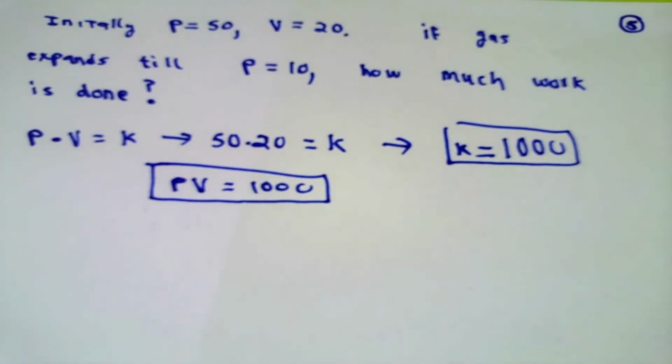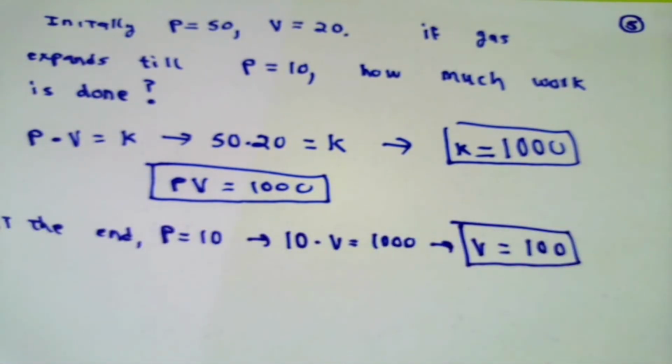Now that I know this, at the end of the situation, the pressure is 10. The pressure started off being 50 and ended up being 10. The volume started off as 20 and ends up being 100.